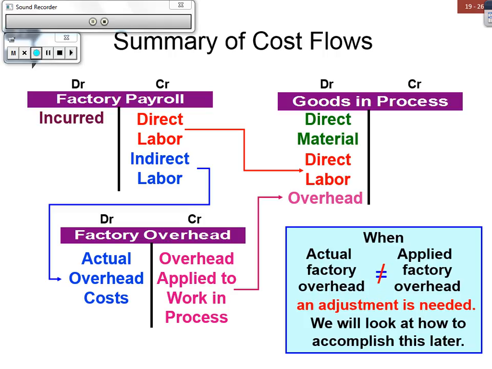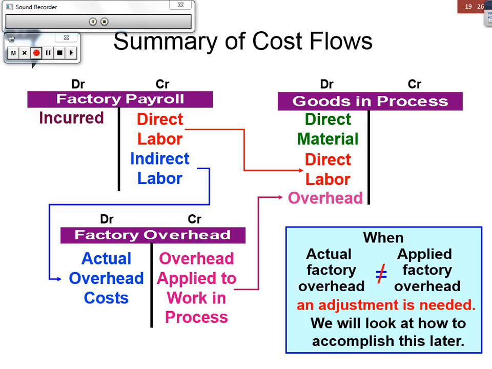Now, this is what's important about this area. When you get down to factory overhead, you have to determine between what is actual and what has been applied. The reason for that is because we need to know if we came in at actual or just what was estimated.